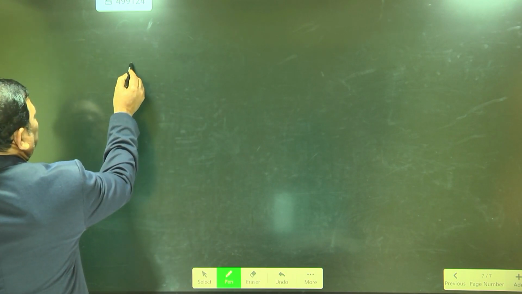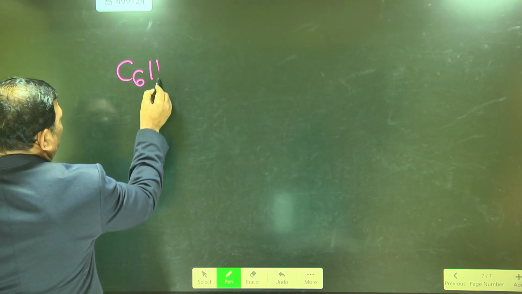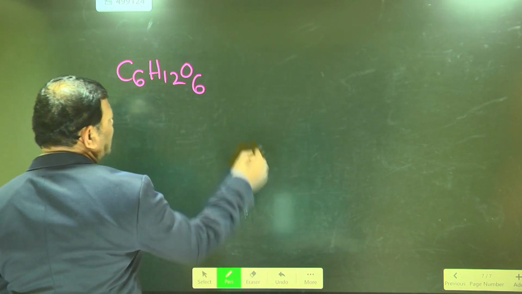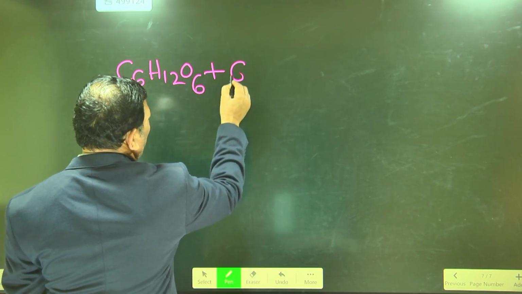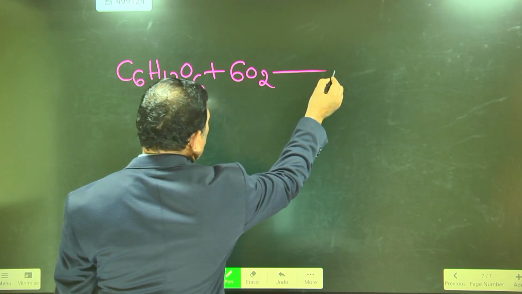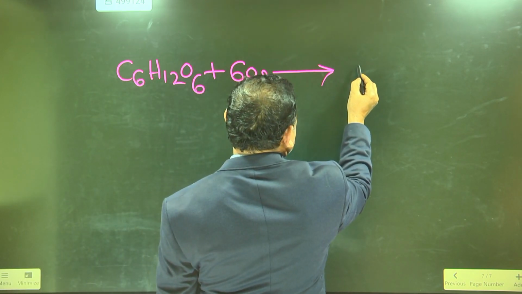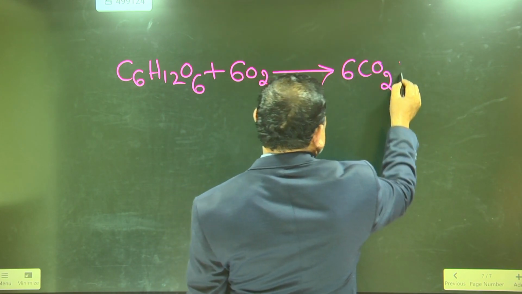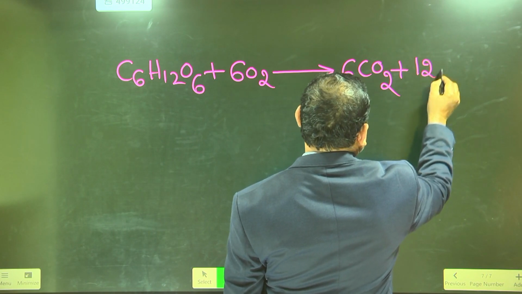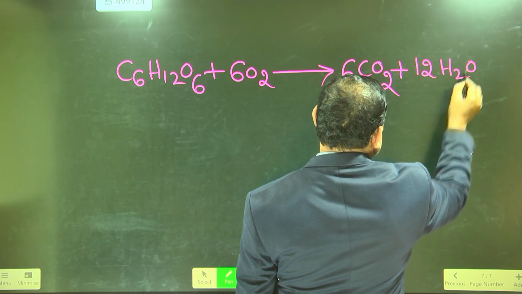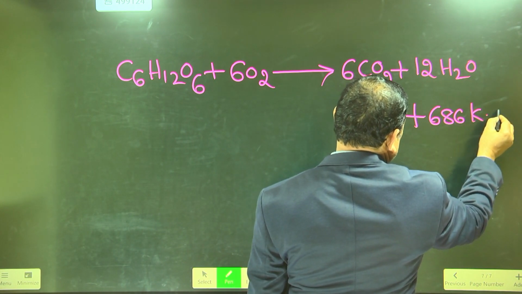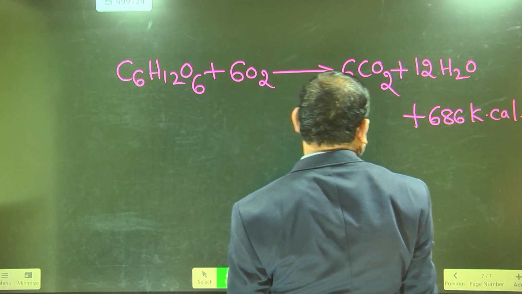Okay, next. One more equation I am writing. C6H12O6. This is called glucose. When this glucose is oxidized, taking in oxygen, it releases 6CO2 plus 12H2O plus 686 kilocalories of energy.